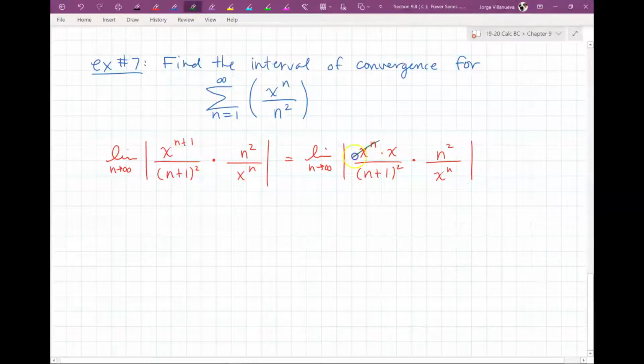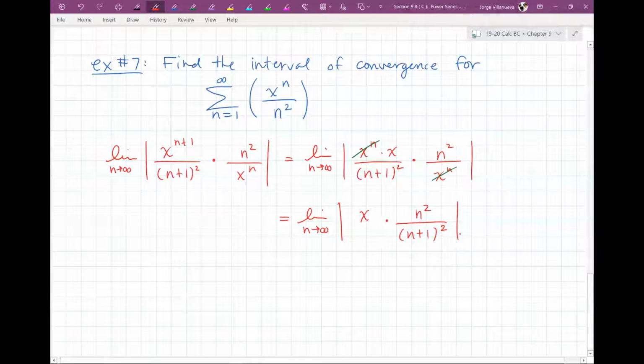So you'll notice you can cancel out your x to the n's. And that's pretty much all you can cancel out. So limit as n approaches infinity of x times n squared over n plus 1 squared. It's a big squared.